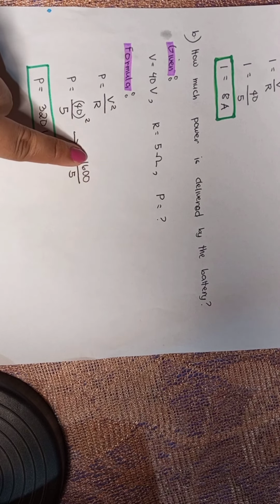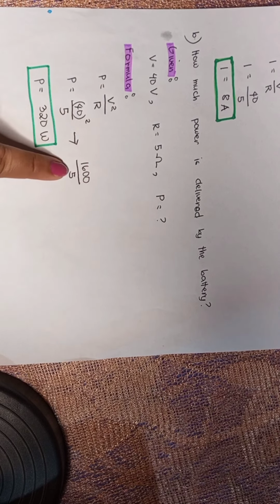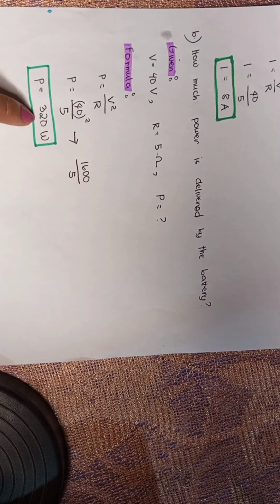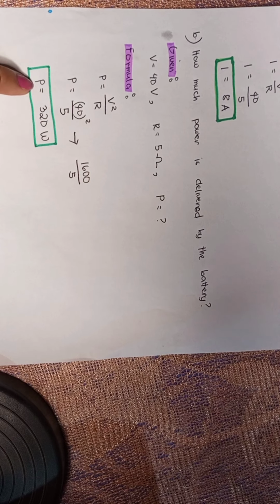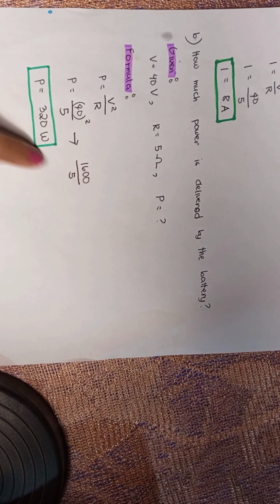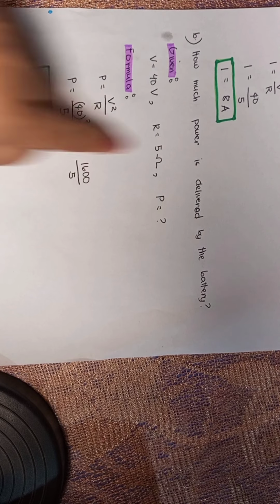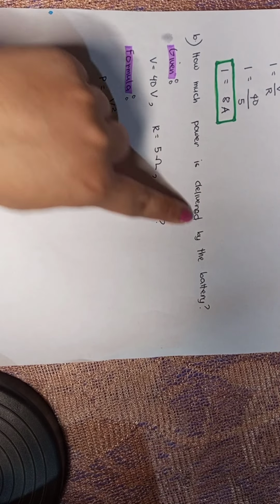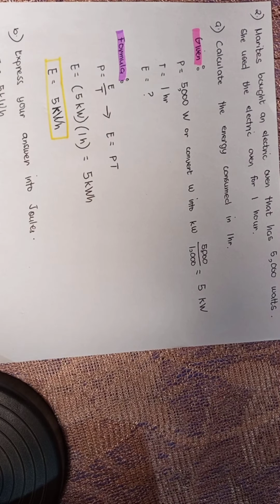So 1,600 divided by 5 is equal to 320 watts. The value of P, or the power, is 320 watts. Power is measured in watts. That's why we use watts here. 320 watts is the power delivered by the battery.